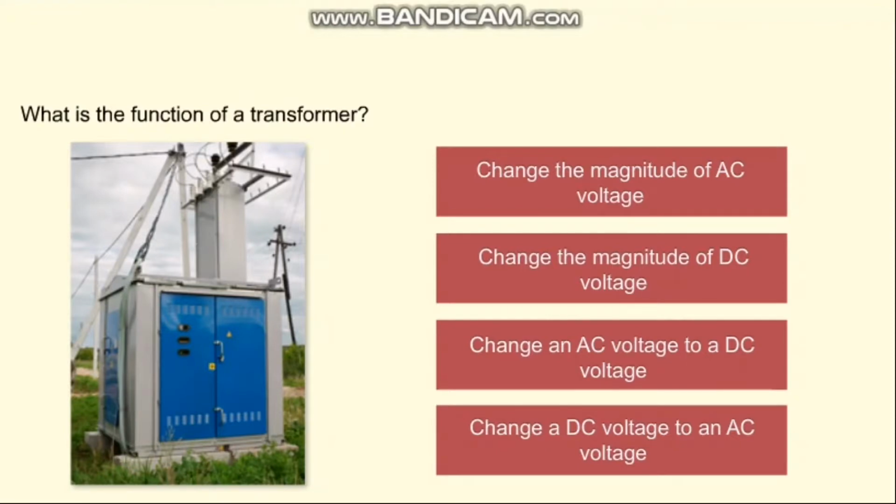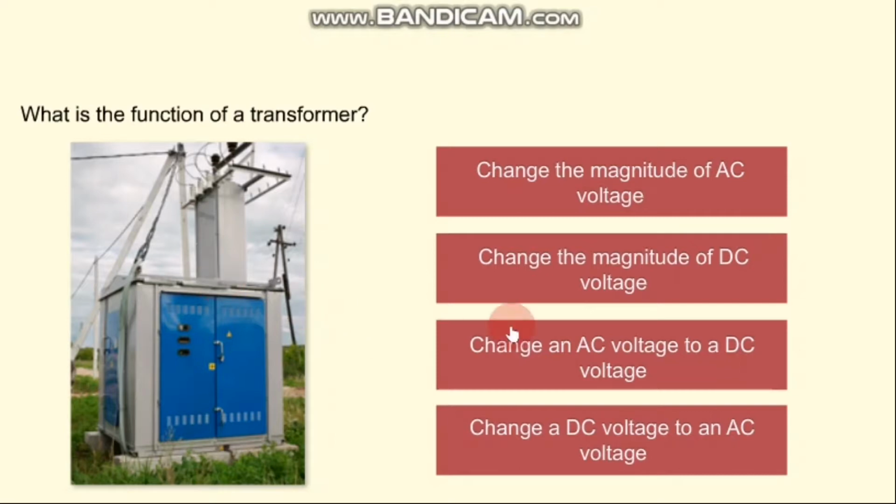Okay, we have discovered the structure of a transformer. So now let's take a look at how this transformer operates. Have you ever seen this? You may find this transformer nearby your residential area, and also you can find them along the railway and power lines. So what are the functions of this transformer?